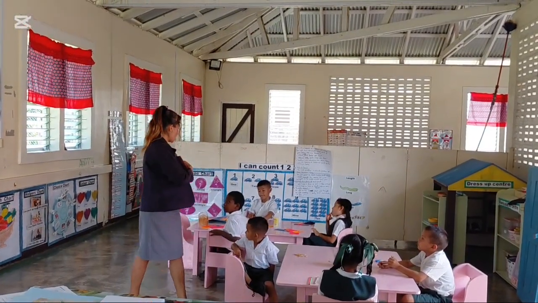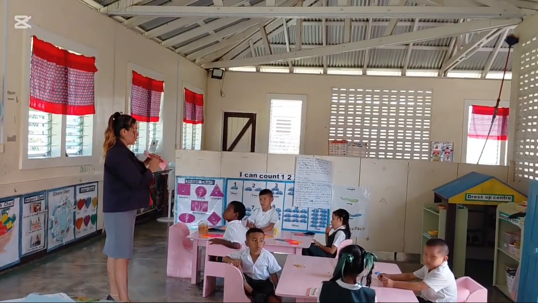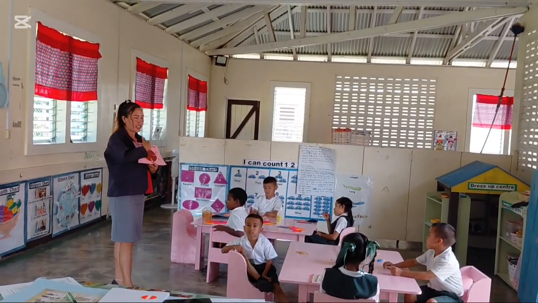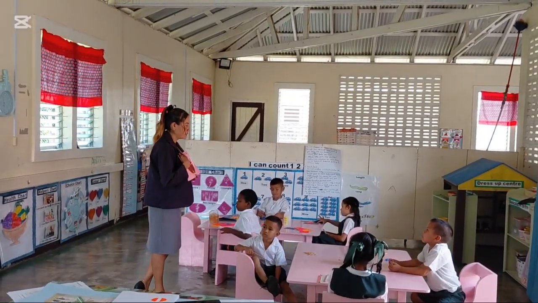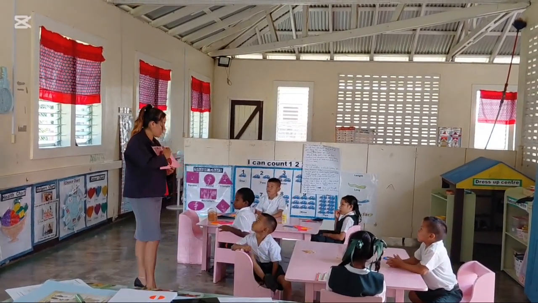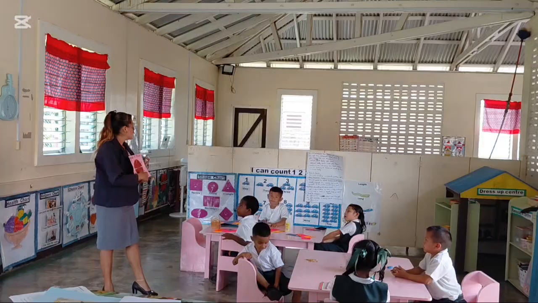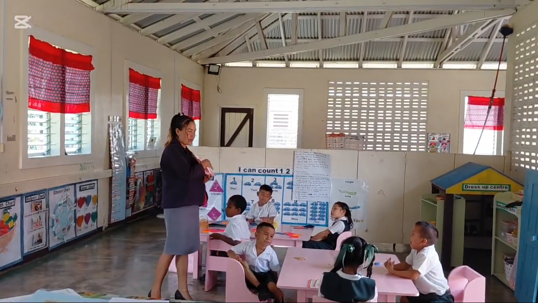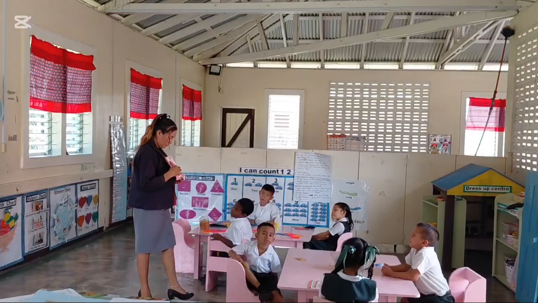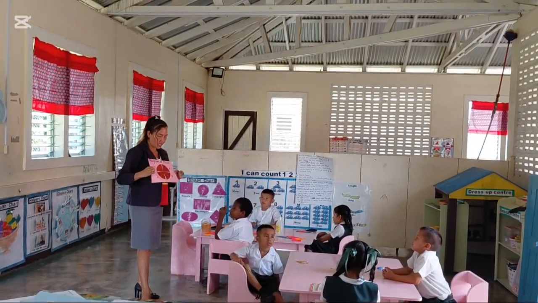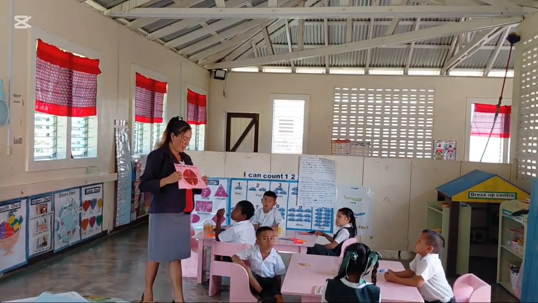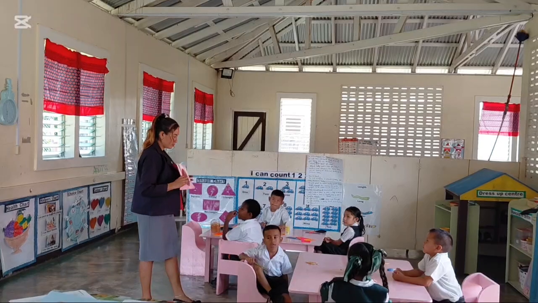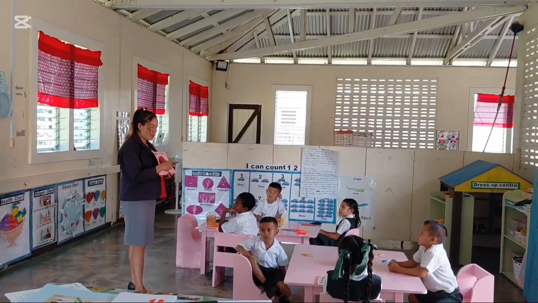So first, I want to share my pizza with Geronimo. So what do I have to do with the pizza? Put it in half. So I have to cut it in half. So Tony wants some. So I have to cut it in what? What do you have to do there? Cut it in half.